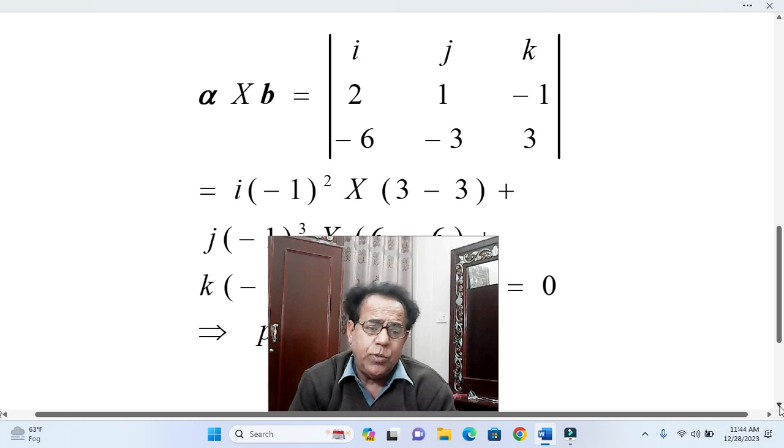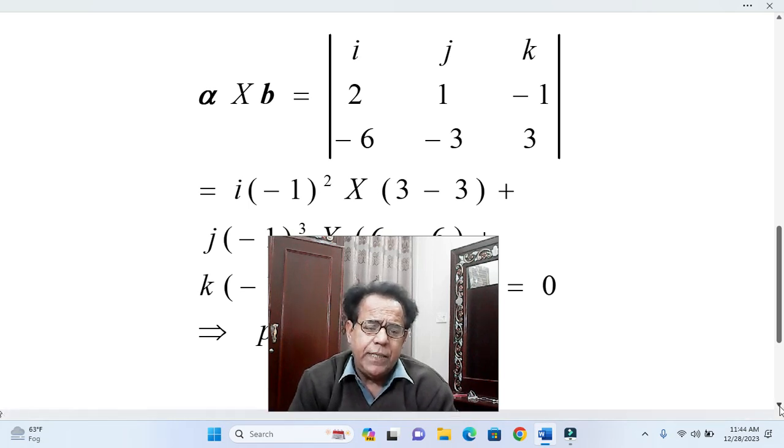So, dear students, quite simple, we will have to find the cross product of these two vectors, and if it becomes equal to 0, then we will assume that the vectors are parallel. If it is not equal to 0, then we will say that the vectors are not parallel.